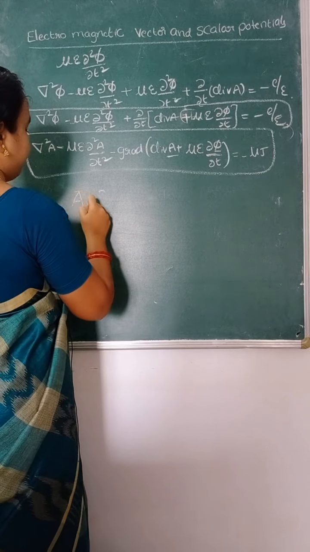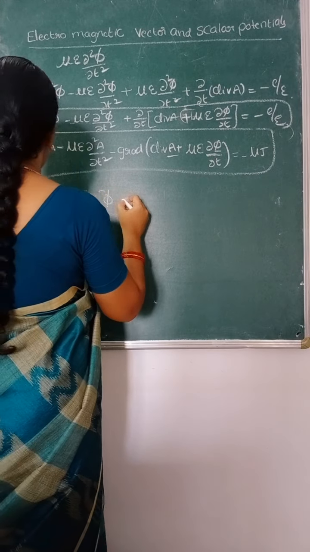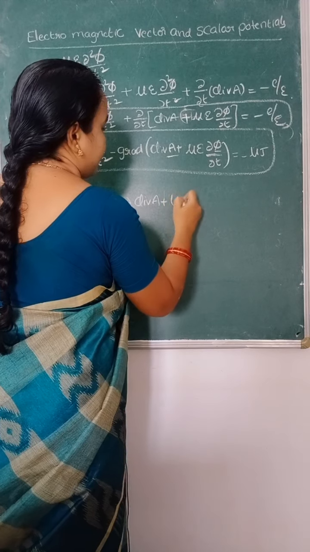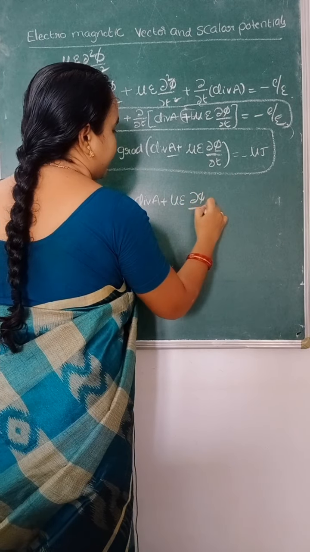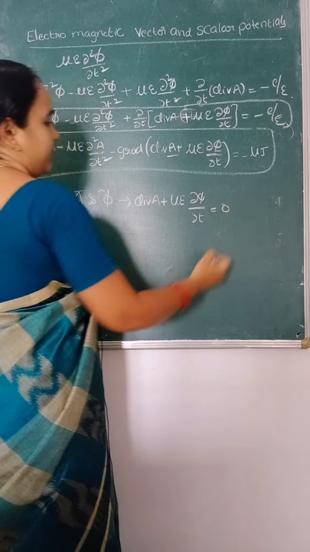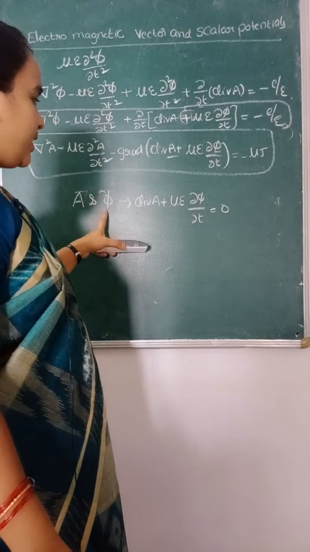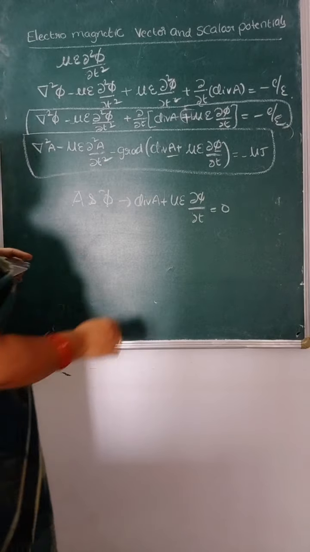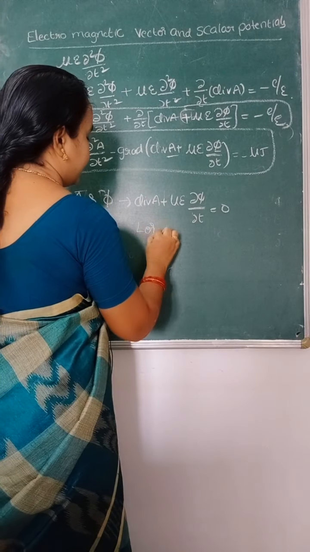If we choose A and phi such that divergence of A plus mu epsilon dou phi by dou t is equal to 0 for a set of values of A and phi, this condition is called the Lorentz condition.